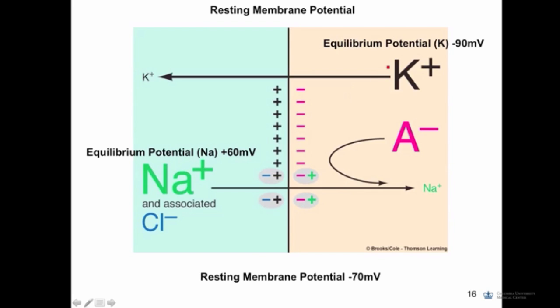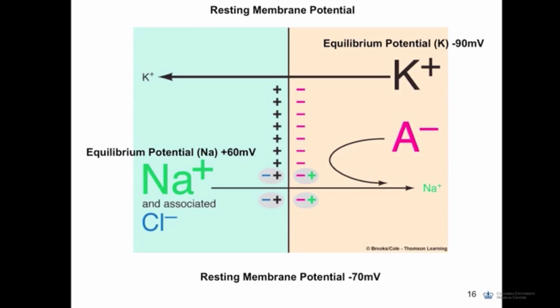This means that when we say the cell is more permeable to potassium at rest, it really means there are more passive leak potassium channels at the membrane than passive leak channels for sodium.